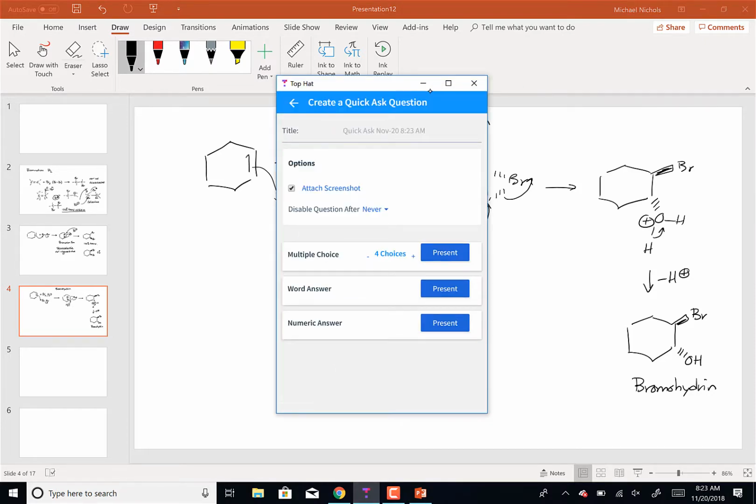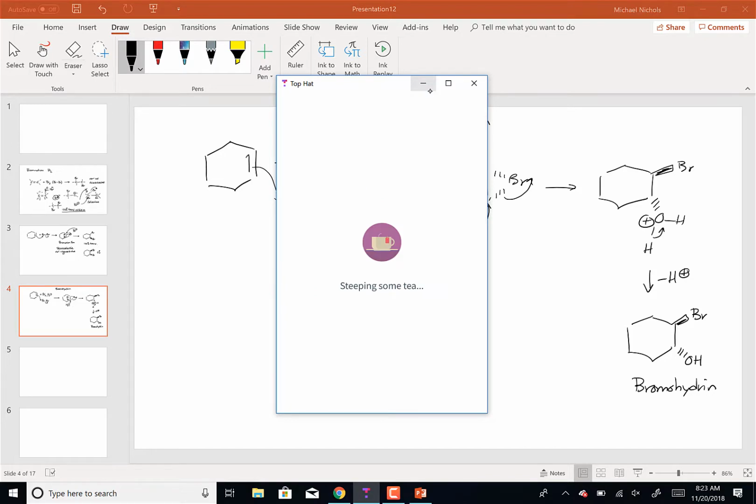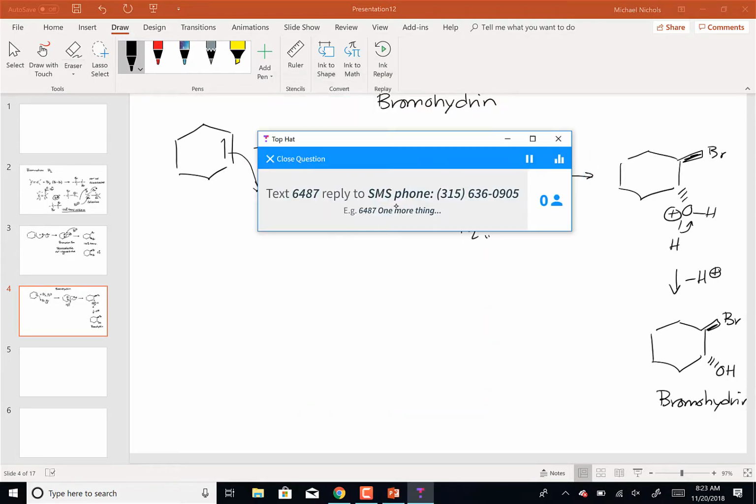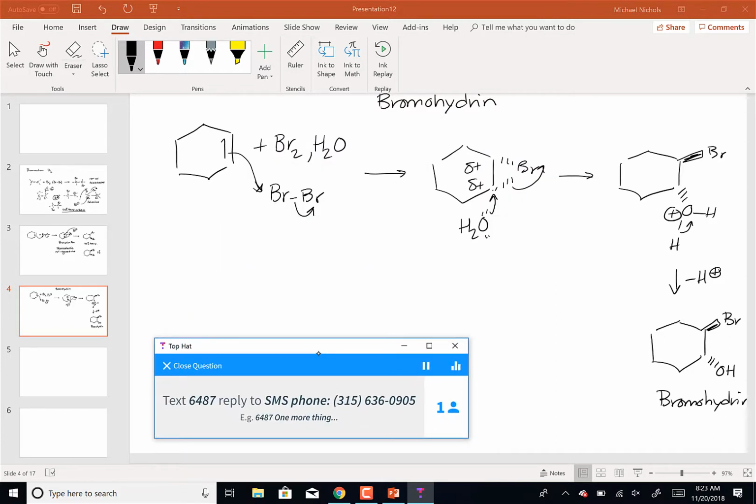Go ahead and vote. A for yes. Let's see, stereoselective. A, yes. B, no.